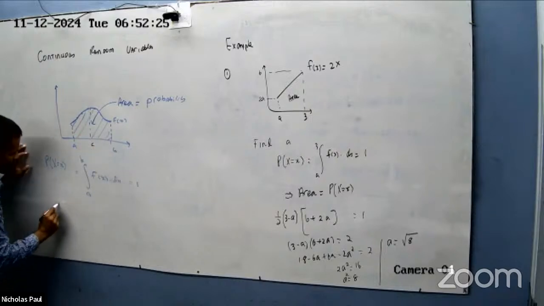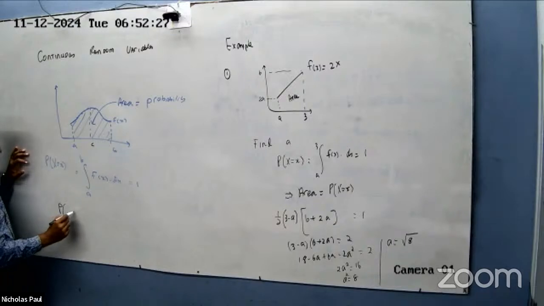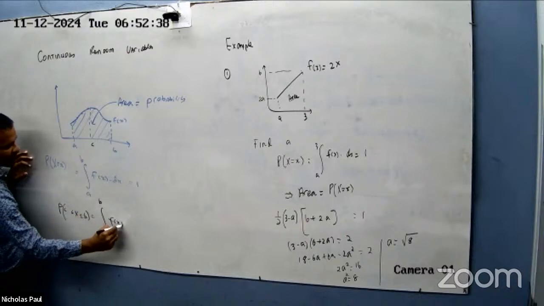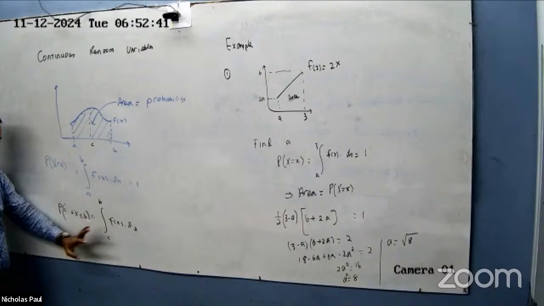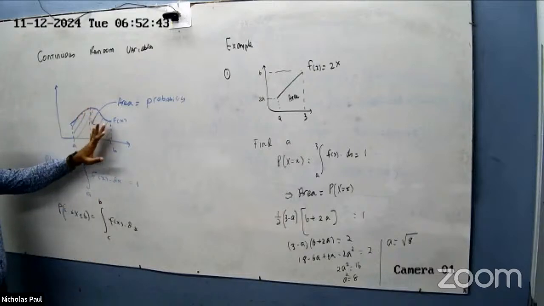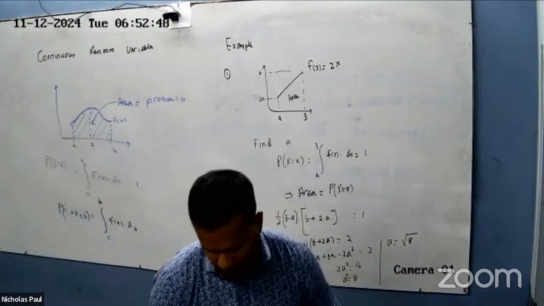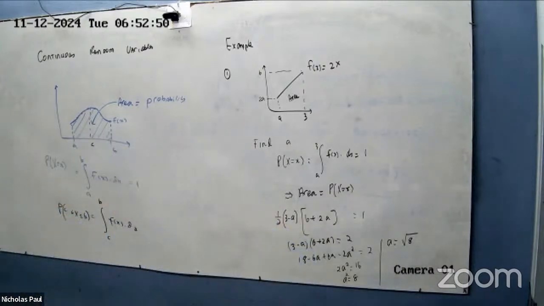Then the probability of X between B and C is the integral between B and C of f of x dx. Again, we're not too interested in integrating curves, just straight lines. So what we have to be able to do now is just find the area under the line.